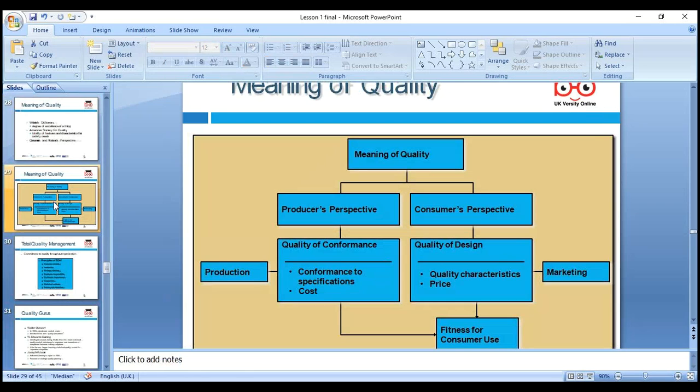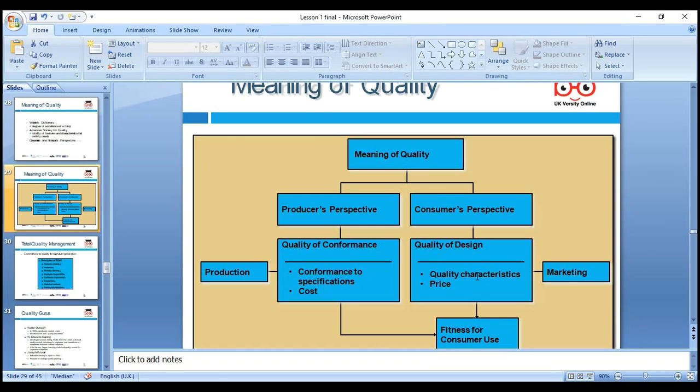So how can we manage quality? From the producer perspective, quality conforms to the standard, whatever standard we set, within the cost or within the price. But from the customer perspective, quality characteristics and price are linked with each other. If you're paying a high price, you expect high quality.